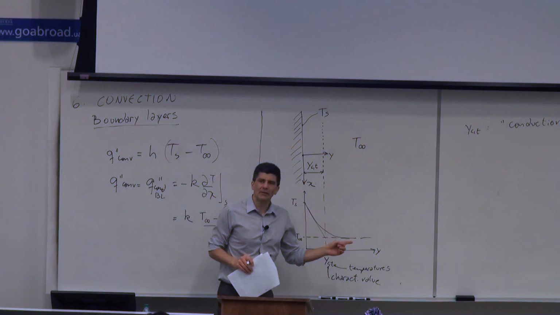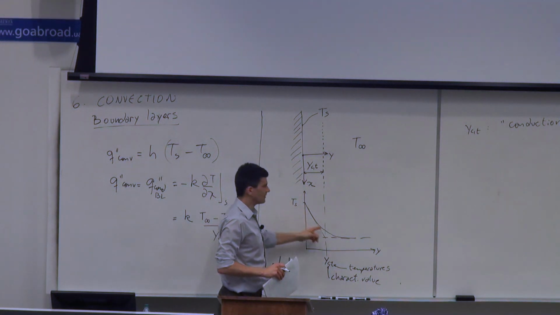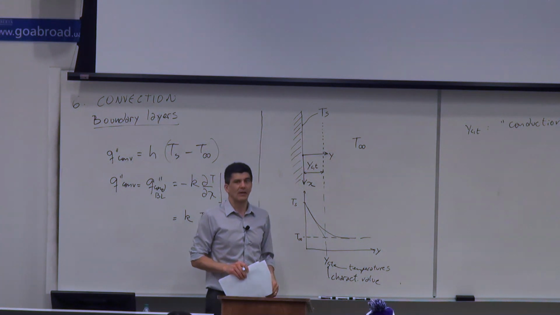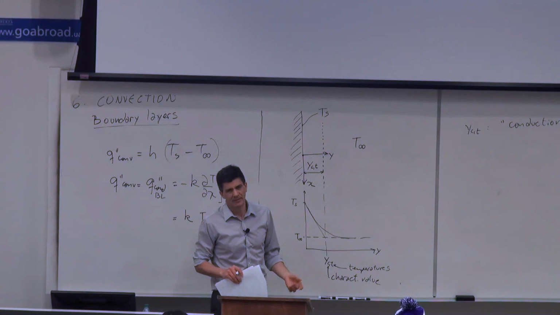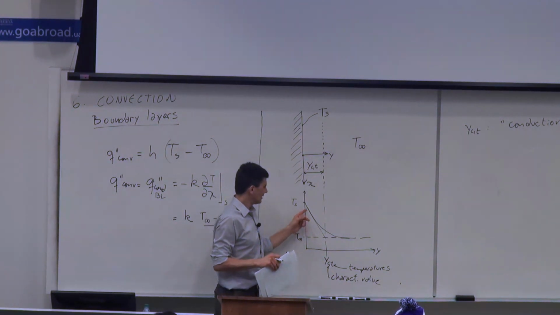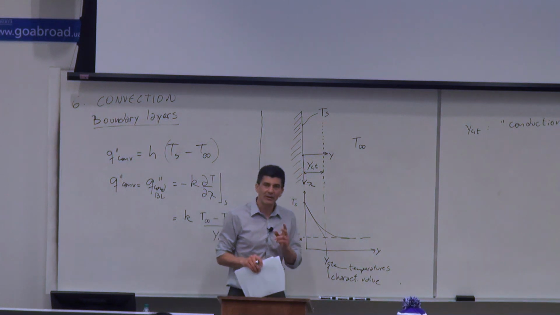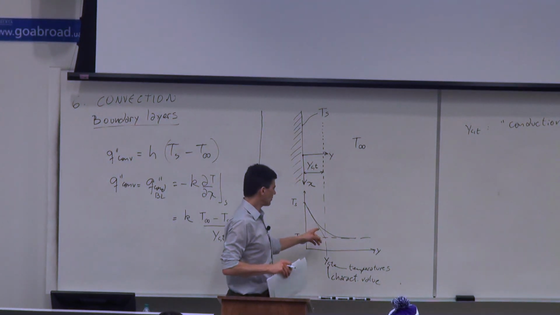Now, look at what I did. I said that the temperature in our boundary layer has this kind of shape, right? That looks like an exponential decay again. And of course it's not. It's something else, but it looks awfully like an exponential decay, right? And what I'm going to show you today is that in some cases, this curve, you know what it is?